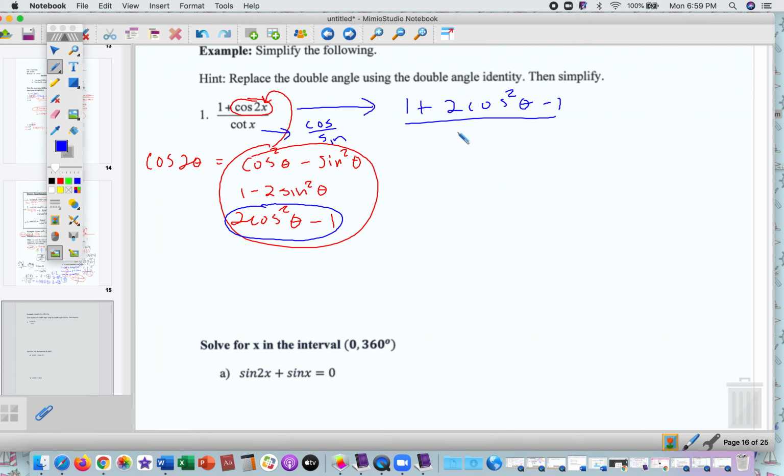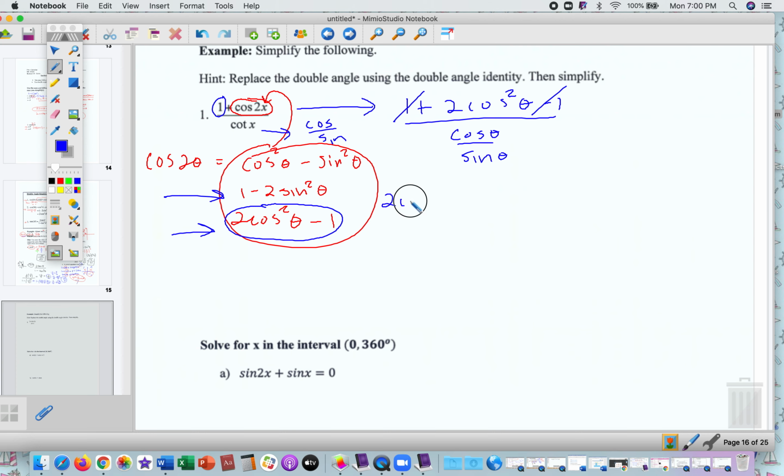So I'll write over here cos theta over sine theta. The 1 and the minus 1 cancel. So part of me saw this 1, and then I said, okay, I can make it disappear. Not with the second line, because if I have that one as replacement, I would get 2, and the 1 wouldn't cancel. But if you look at this bottom one, 1 and the minus 1 would cancel. So the numerator can't simplify any further.